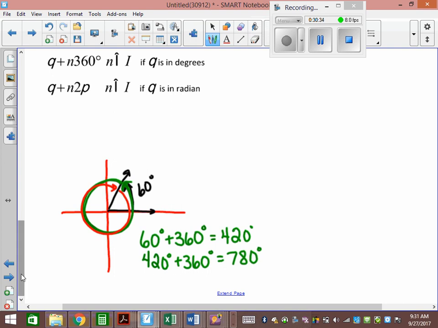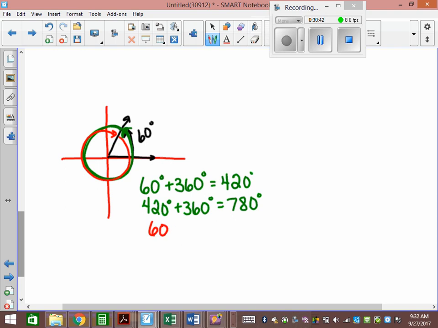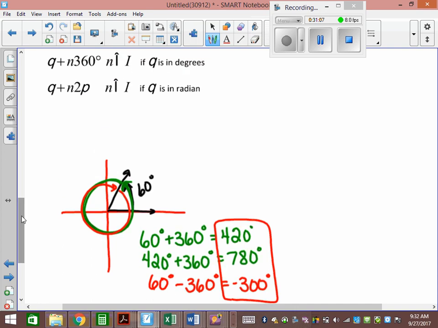Would that land on the same arm? Yeah. And all of these are coterminal with 60. So you just have to add 360. If it's radians, instead of adding 360, what would you add? 2 pi. So that's your difference in coterminal.